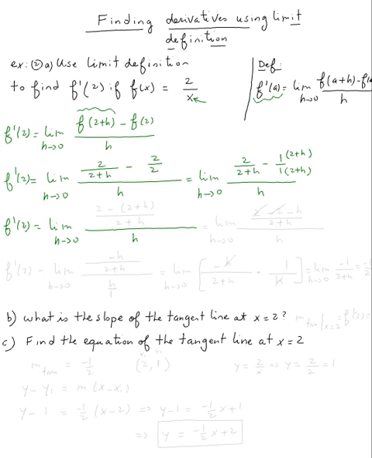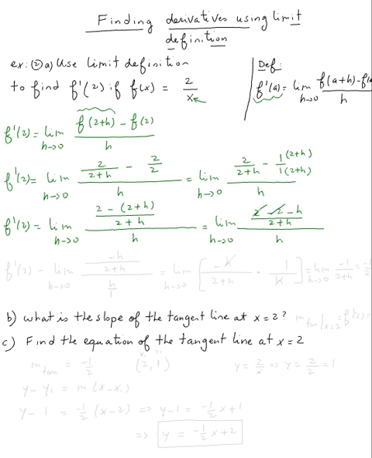Now, since they have the same denominator, that will be 2 minus 2 plus h divided by 2 plus h, as h approaches 0. Next, we need to distribute negative 1. So, limit of 2 minus 2 minus h, I'm distributing negative 1, over 2 plus h, everything over h as h approaches 0.